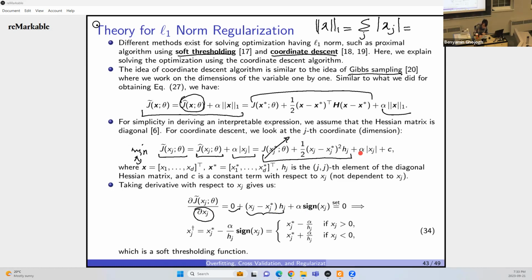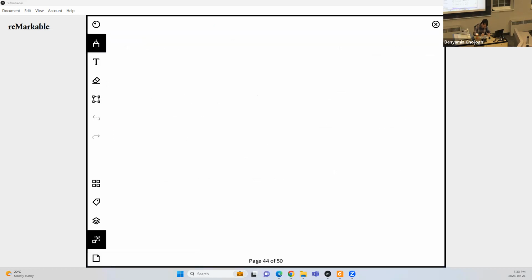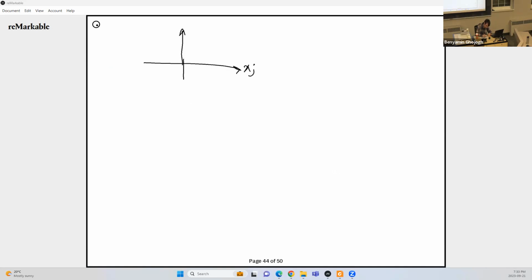Also, what is the derivative of the absolute value of xj? I need a space to draw, so let me add a new page. This is the absolute value of xj, right? So the derivative of this part, what is it? 1, right?